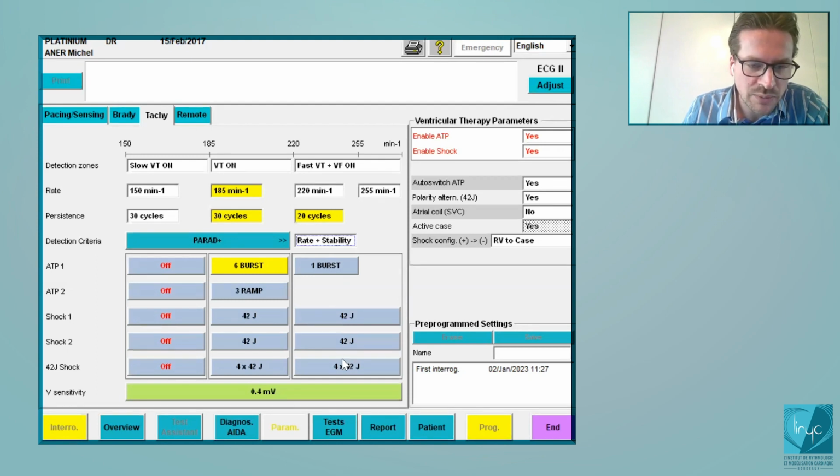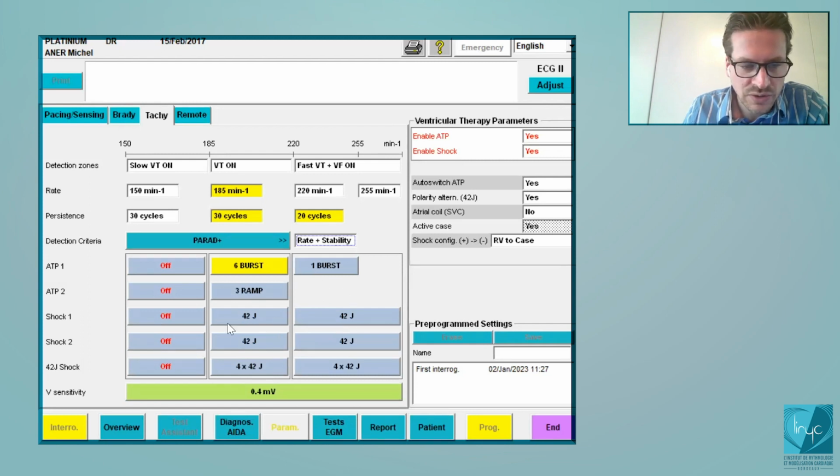And then maximum output shocks, of course, it's not a discussion in the VF zone. Sometimes it's a discussion in the VT zone, but in Bordeaux, it's not a discussion anymore because lower amplitude shocks are less efficacious and are more likely to accelerate the rhythm.